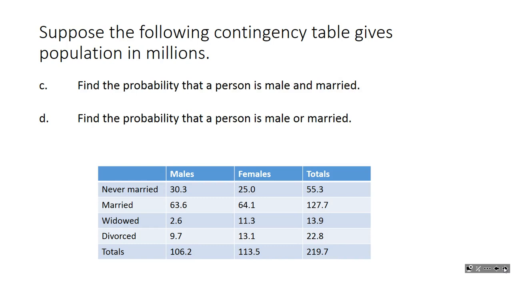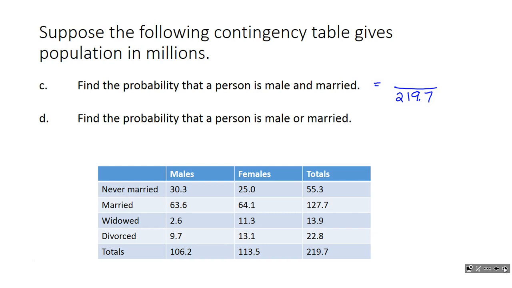Let's do a few more parts to this. Same table here. Now find the probability that a person is male and married. Okay, so again, we're looking at just persons. We're generic there. We're essentially looking at all the people. So the denominator is, again, the total amount, 219.7. And let's see, male and married.